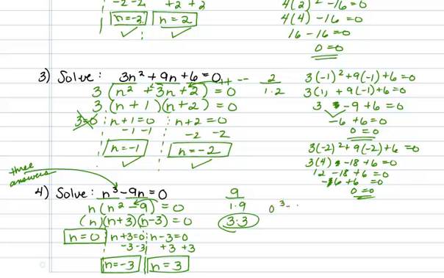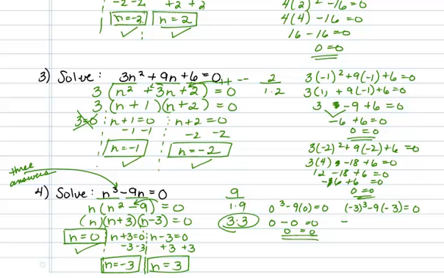0 cubed minus 9 times 0. 0 minus 0. That works. -3 cubed minus 9 times -3. -3 cubed is negative times a negative times a negative.